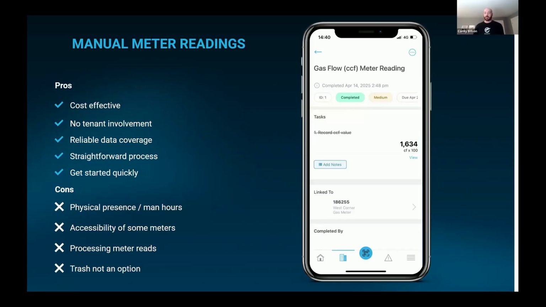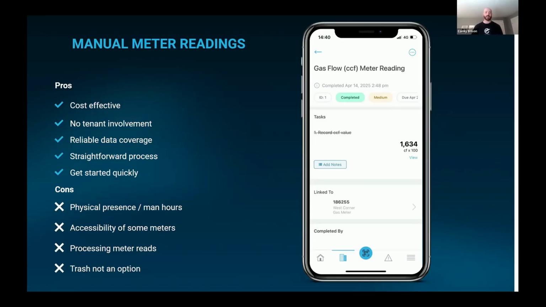Also, if you put in a process here, you can have reliable data coverage. You can have whole building coverage across any asset in your portfolio. All it takes is a process to be in place, unlike, right, the first two, which require tenant involvement, and that could vary depending on the day.